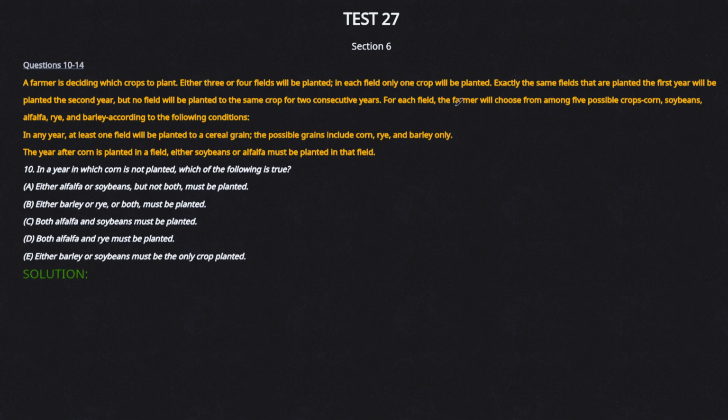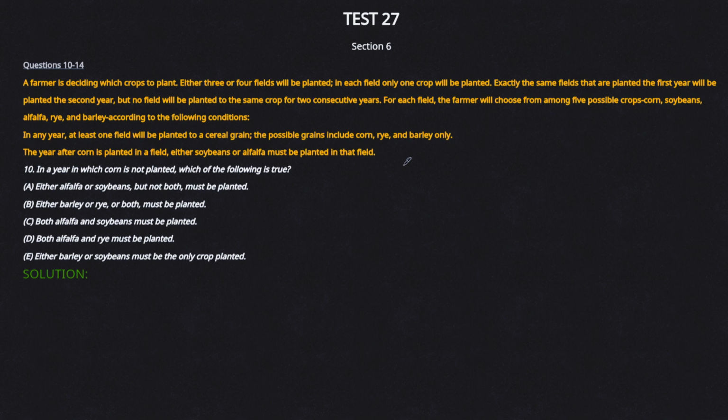For each field, the farmer will choose from among 5 possible crops: corn, soybeans, alfalfa, rye, and barley, according to the following conditions. In any year, at least one field will be planted to a cereal grain. The possible grains include corn, rye, and barley. The year after corn is planted in a field, either soybeans or alfalfa must be planted in that field.